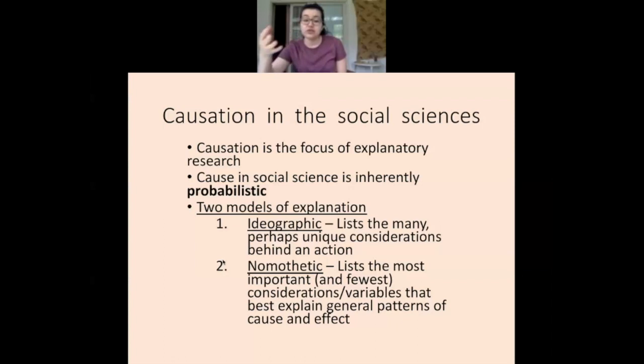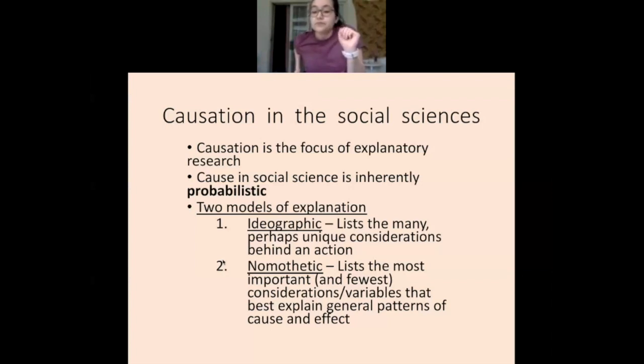So it shows you two models of explanation. I don't use these terms very frequently, but the book provides them for you. So ideographic lists the many perhaps unique considerations behind an action, and nomothetic lists the most important and fewest considerable variables. Best to explain general patterns. So this is sort of like qualitative versus quantitative.